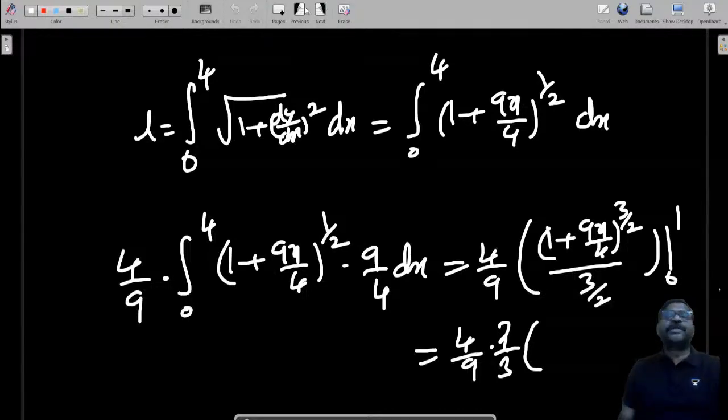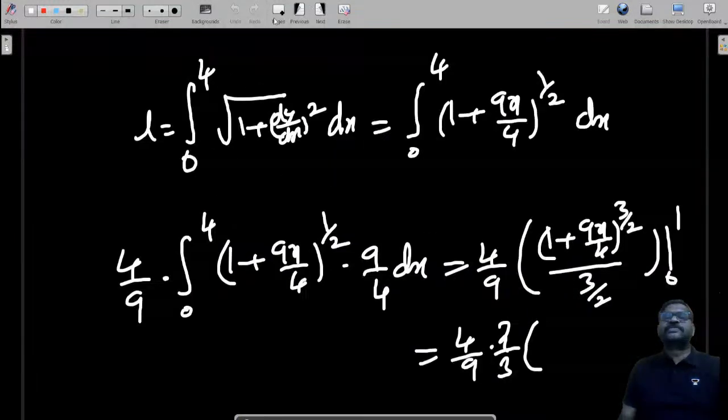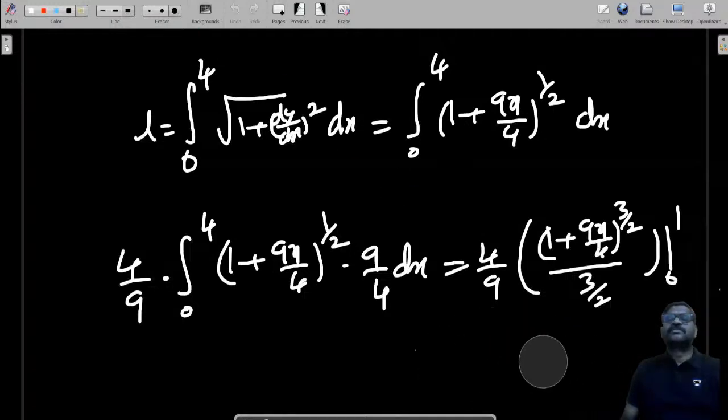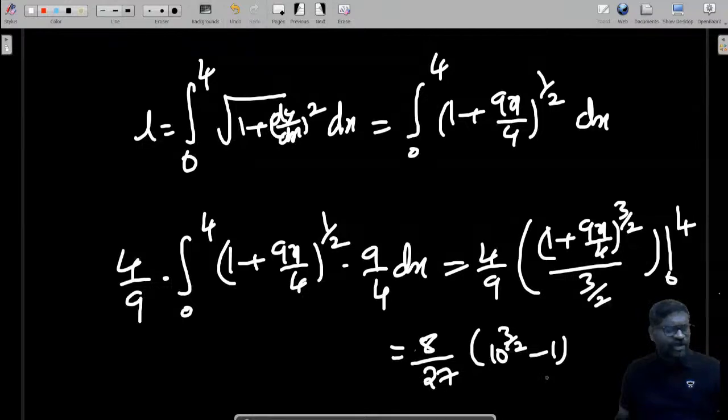That is 8 by 27 into half, 10 power 3 by 2 minus 1. 4 4 cancel, 9 plus 1 is 10. 10 power 3 by 2 minus 1.